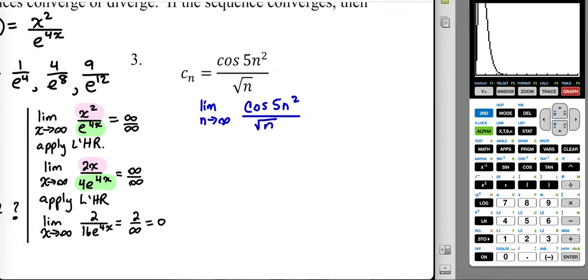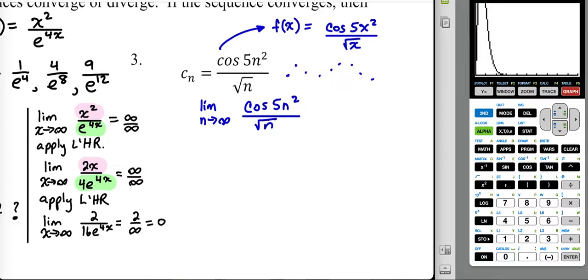So what we're going to do is redefine this in terms of x, write it as a function of x, cosine 5x squared over the square root of x. With the idea being, again, that this gives us a sequence of points. Maybe it's oscillating, maybe something like this.